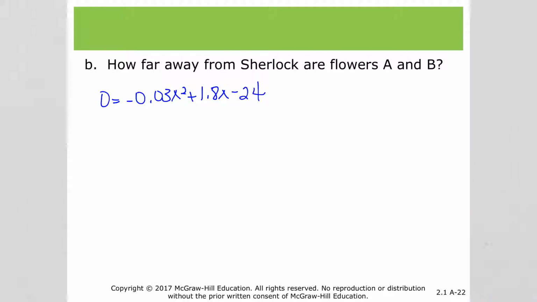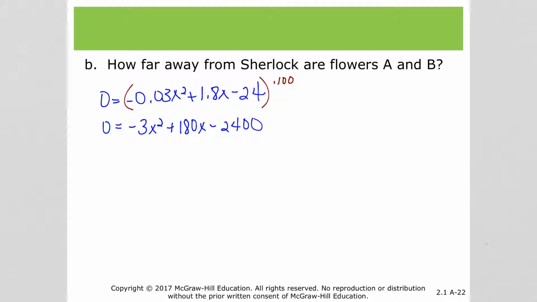It'll make things a little bit easier here, just to get rid of our decimals, if we multiply everything by 100. You don't have to do that, but it just makes things nicer to look at. And we don't have those decimals sitting in there.